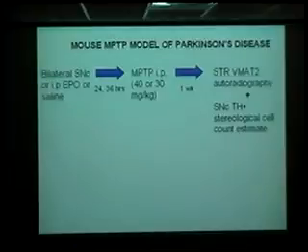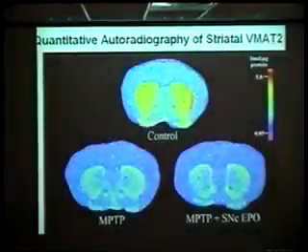So let me walk you through a little bit of our results in the mouse and the rat model. So we used high-dose MPTP in mice, preceded a day before by either erythropoietin given peripherally in the peritoneum or stereotactically into the brain. And then we sacrificed the animals at a week and looked at the tyrosine hydroxylase positive neuronal population in their brains.